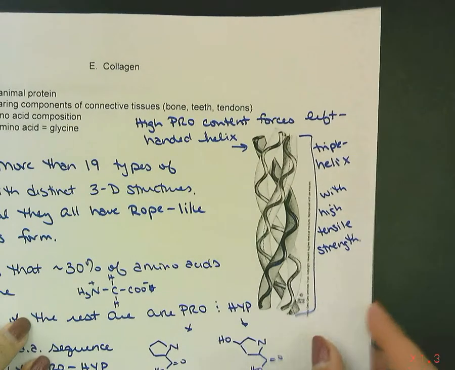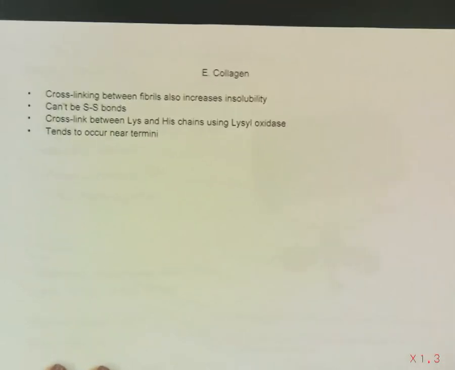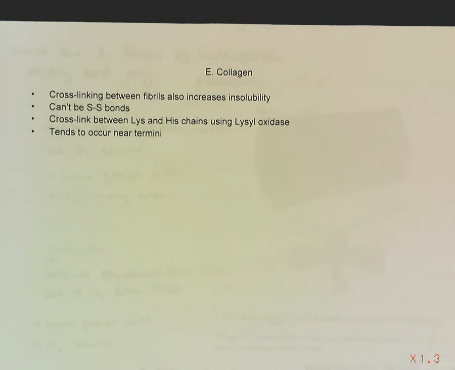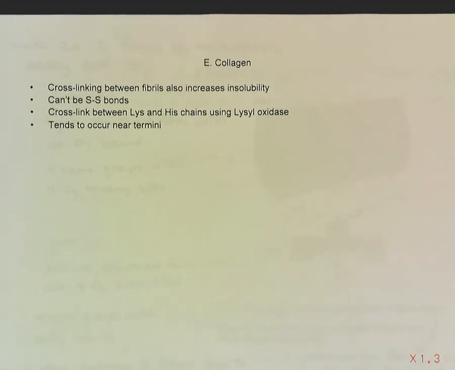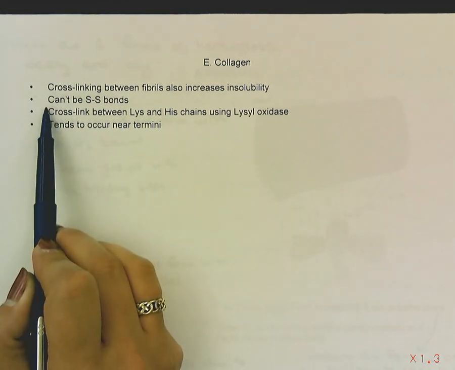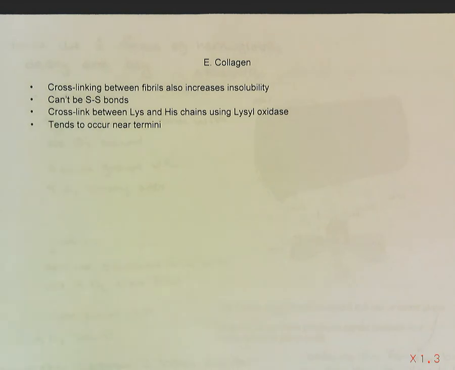So what makes collagen so strong, besides the fact that it has this great triple helix left-handed turn, is that it also is able to cross-link. But of those 3 amino acids, glycine, proline, hydroxyproline, can any of them form disulfide bonds? No, which is why I said can't. Can't form them, because it's only made up of 3 amino acids, none of which have sulfur.